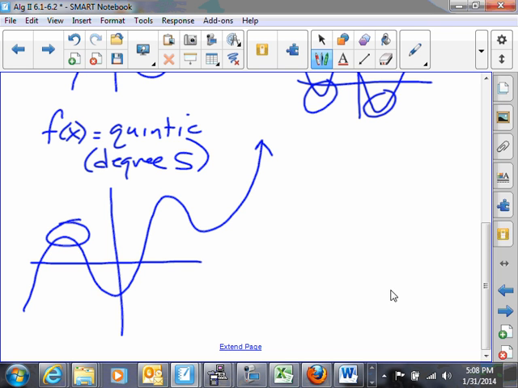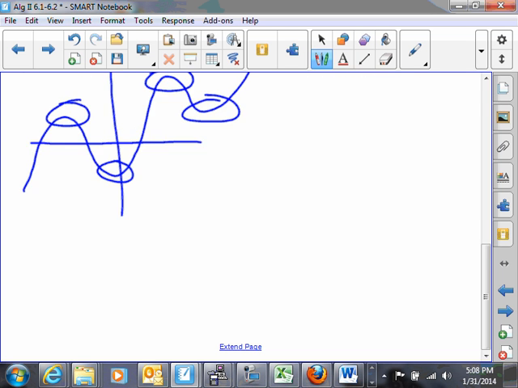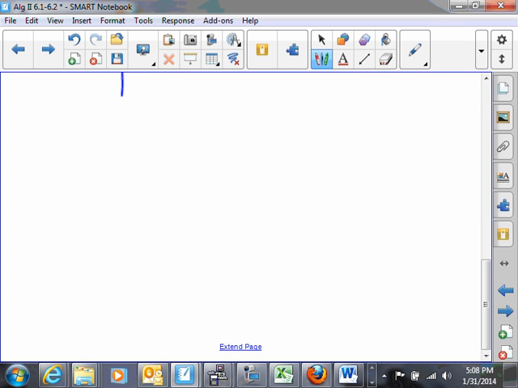There's 1, 2, 3, 4 turning points in a quintic function. All right, now this brings us to the concept of end behavior. Let's go back and look at the quadratic function, degree 2.